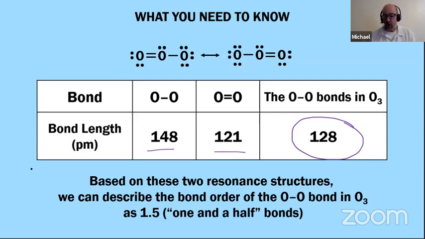But in fact, the O-O bond in ozone is somewhere in between in terms of length, a single and a double. So it is shorter than a single bond, but it is longer than a double bond. So we can describe the bond order of the bonding in ozone as 1.5 bonds as the average of these two structures. But again, on the AP exam, do not draw half a bond.